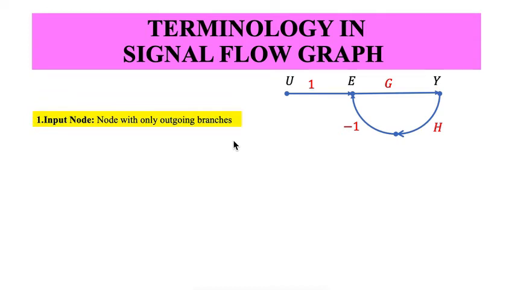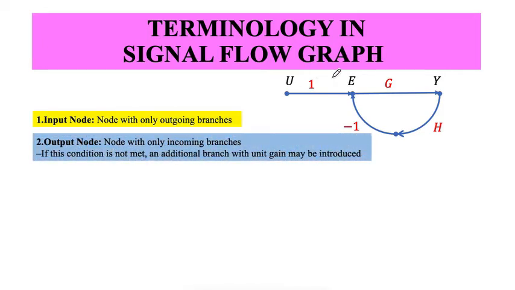So now we will see some basic terminology. What is input node? So the input node is one which has only one outgoing branch. For example, U is my input node. It just has outgoing branch. Now next is your output node.